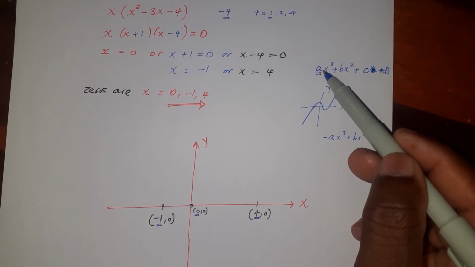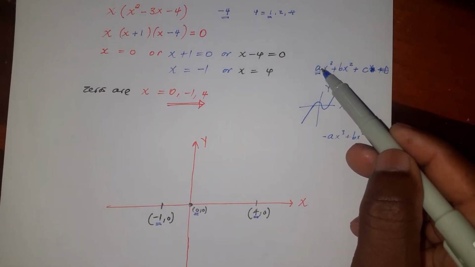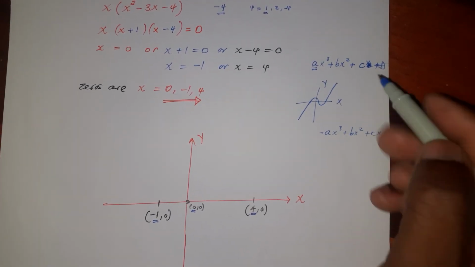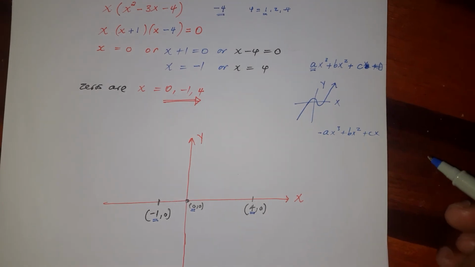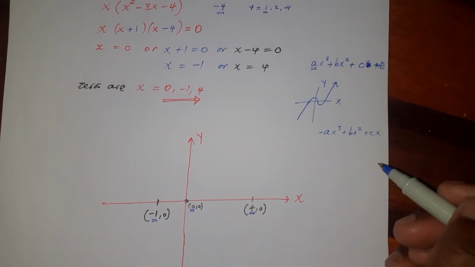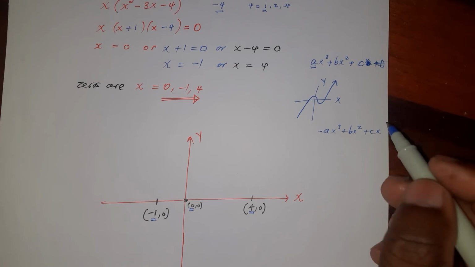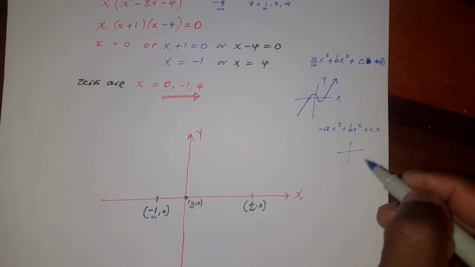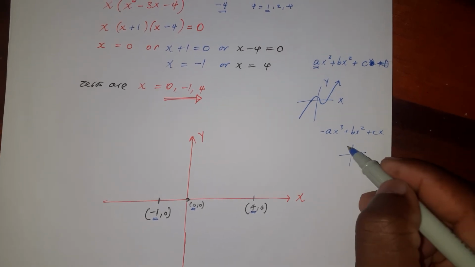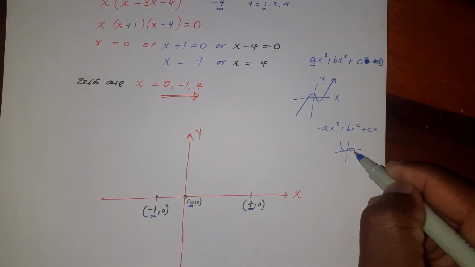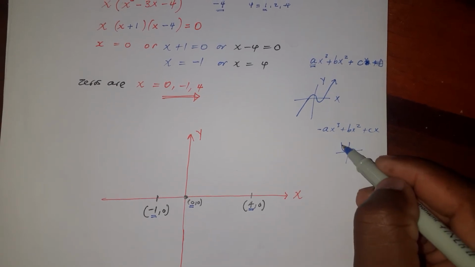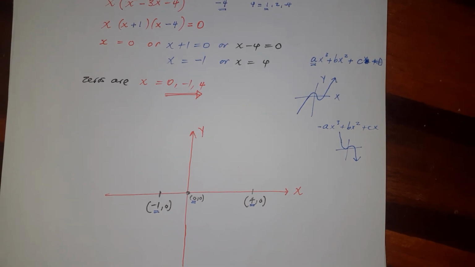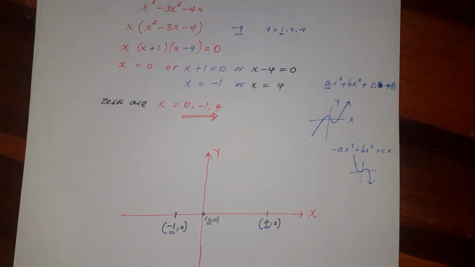The a value is positive, therefore it goes like this. Let me indicate the arrow there. That is if it's positive. But if it's negative, it goes something like this.